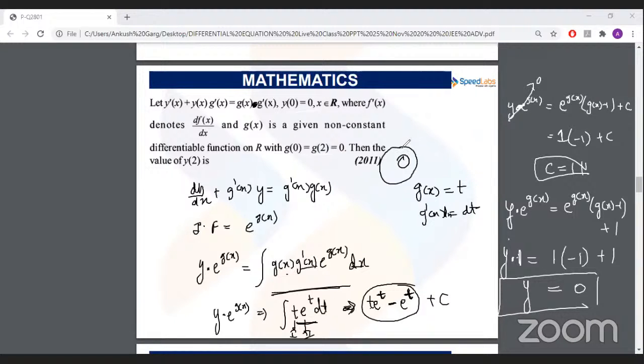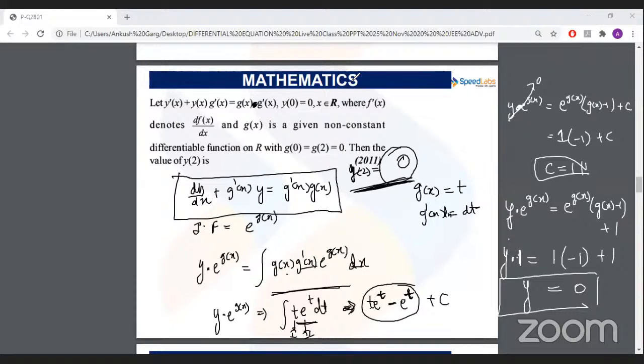So the correct answer for this question will be 0. Okay, so this is the answer for this question, that is y of 2 is equal to 0. So a simple question based on again linear differential equations.